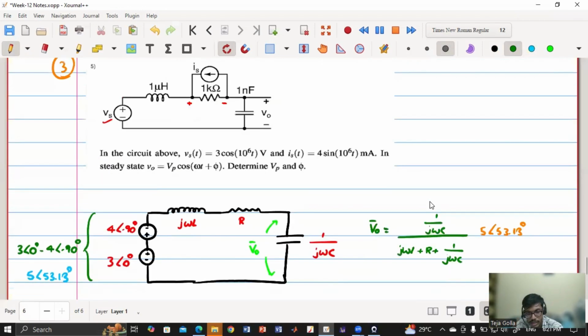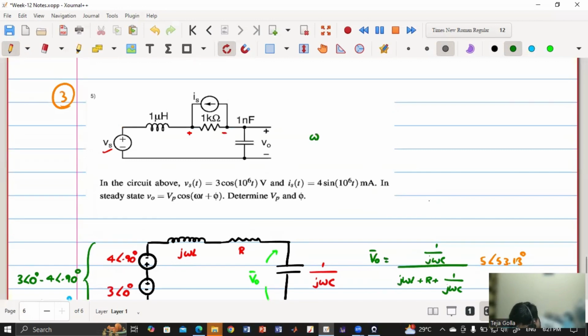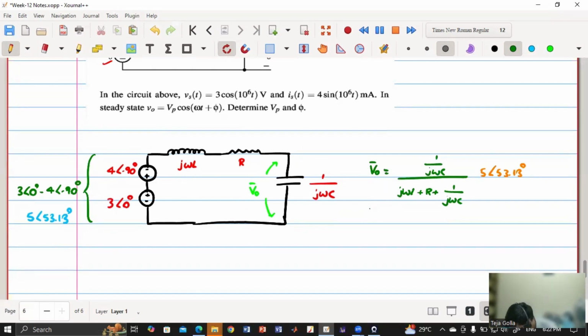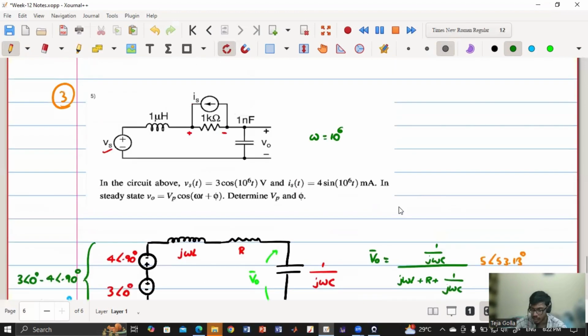If I simplify this, omega is 10 to the power 6. So V naught phasor is 1 by 1 minus omega square LC plus j omega RC, into 5 angle 53.13 degrees. Now what is the value of omega square LC and what is the value of j omega RC? Can you calculate and tell me quickly?